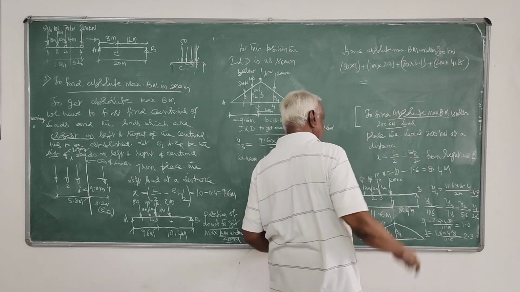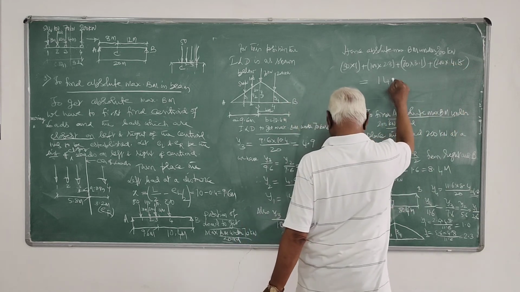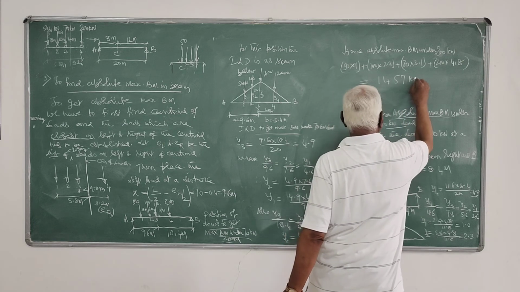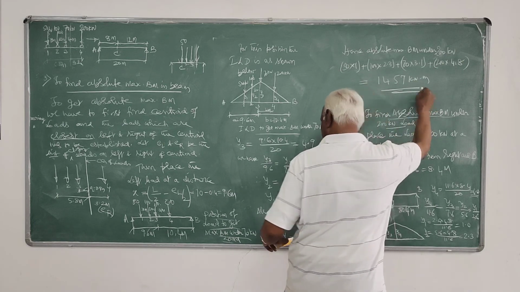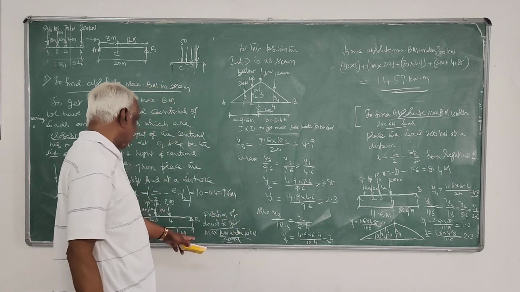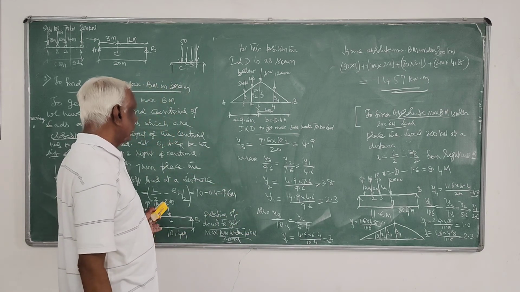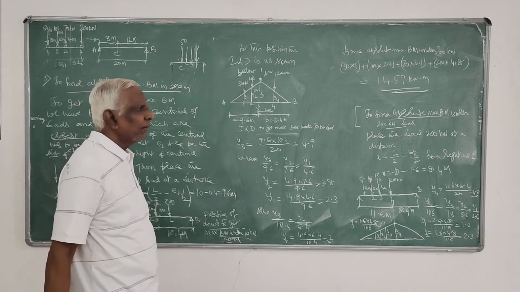So that is 1457 kilonewton-meters. See, this is more. Here it was 1428. So this is 1457.